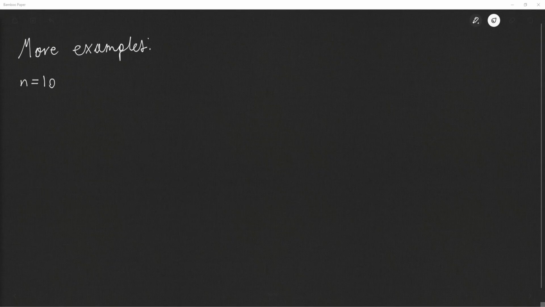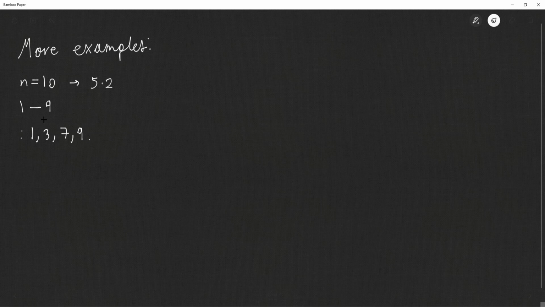So now we have more examples, where our first one is n being equal to 10. The numbers less than 10 are the numbers 1 through 9. But 10 can be broken up into 5 times 2, meaning that any number that's a multiple of 5 or 2 cannot be relatively prime to 10, meaning that the numbers relatively prime to 10 are going to be 1, 3, 7, and 9.